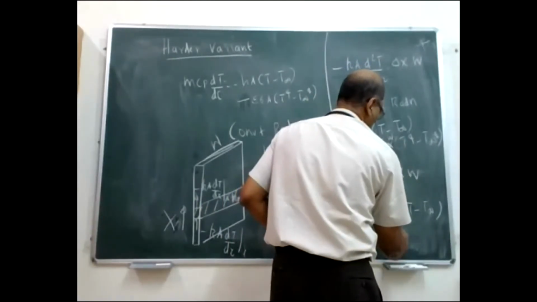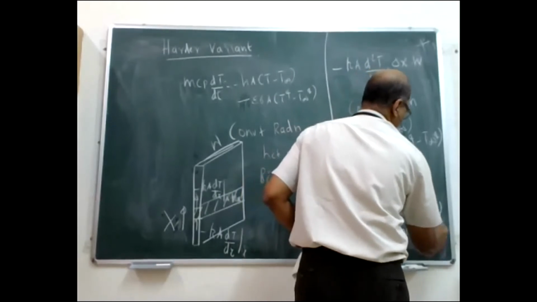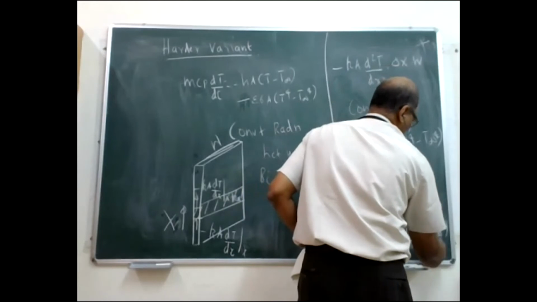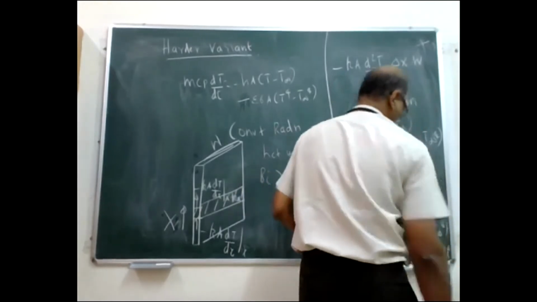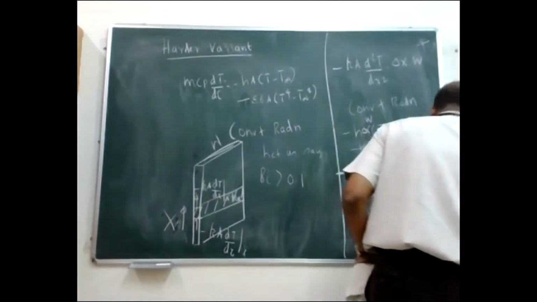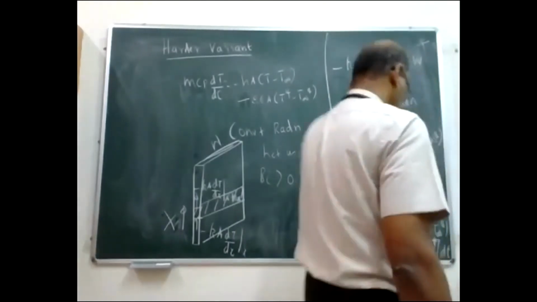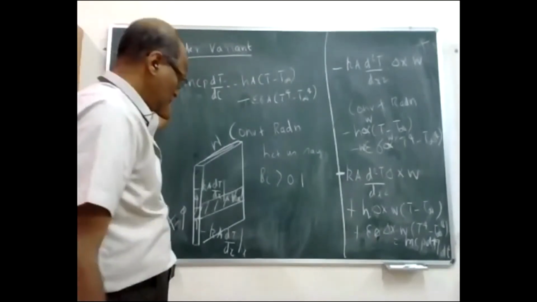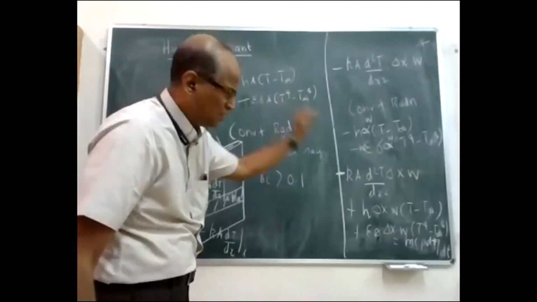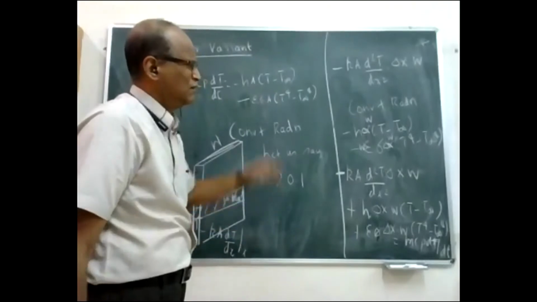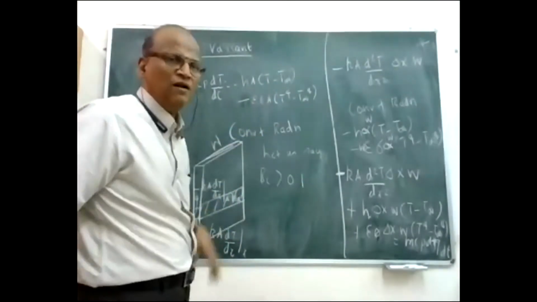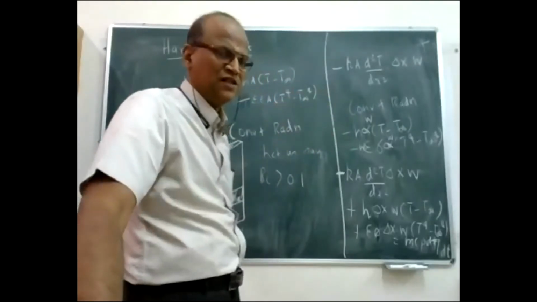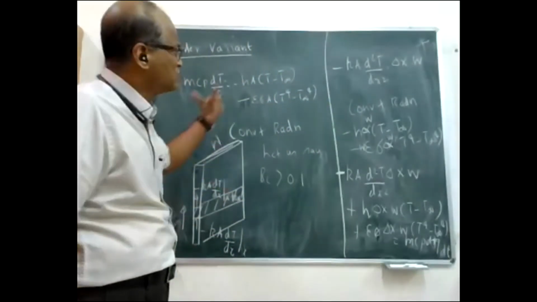I'm doing it fast. I'm sorry because this was not the original intent. I didn't want to do this. Equal to MCP dt by d tau. So MCP dt by d tau at that place. The unsteady part will still remain. But now, apart from conduction, there is a net convection and radiation taking place. So this becomes a harder problem.